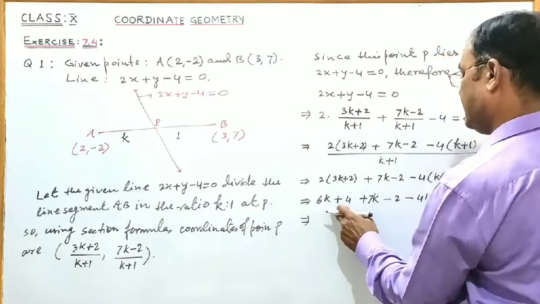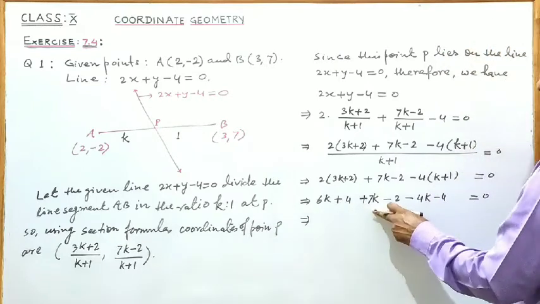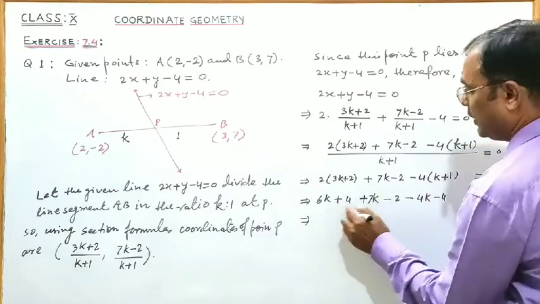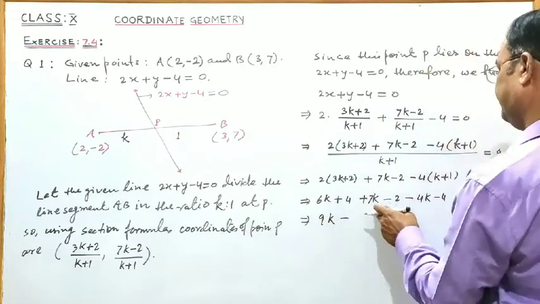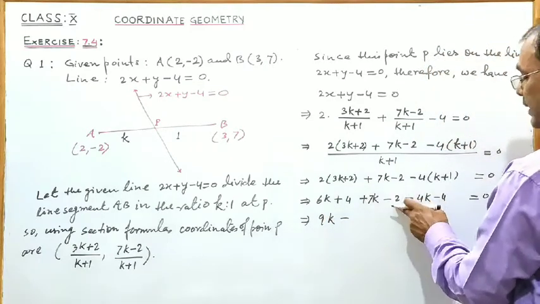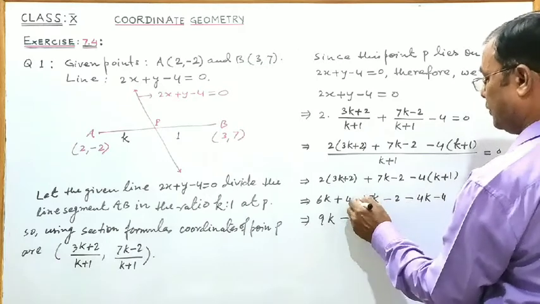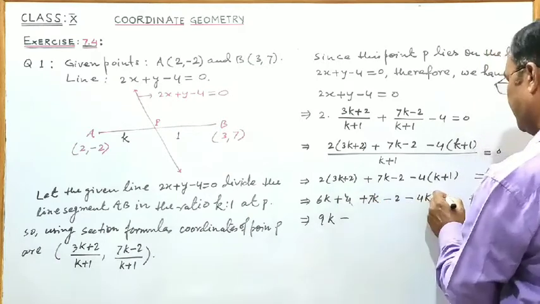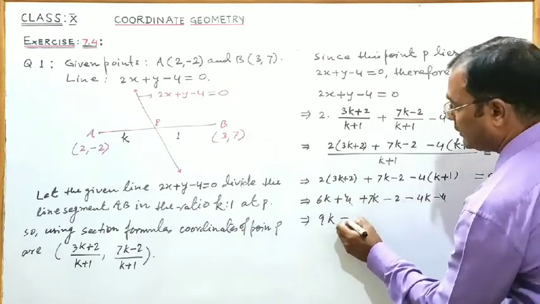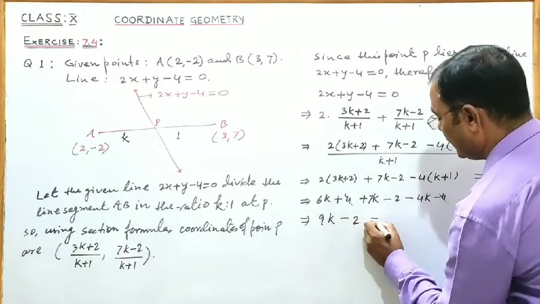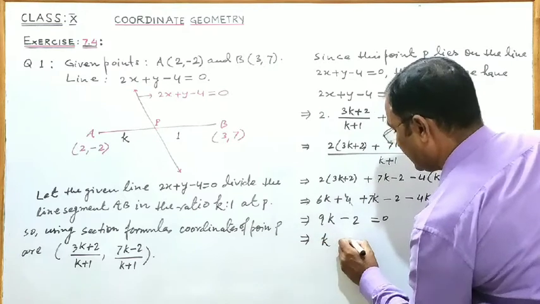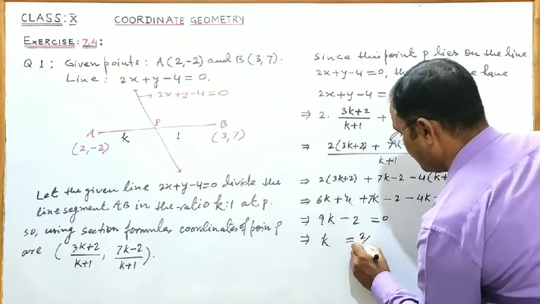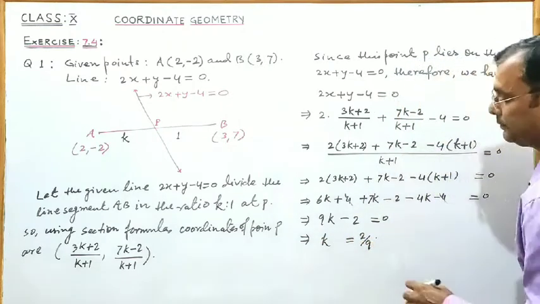And this implies 6k plus 7k 13 minus 4 9k, minus 4 minus 2 minus 6 plus 4 are directly, plus 4 minus 4 cancelled. So 9k minus 2 is equal to 0, and this implies k is equal to 2 by 9.